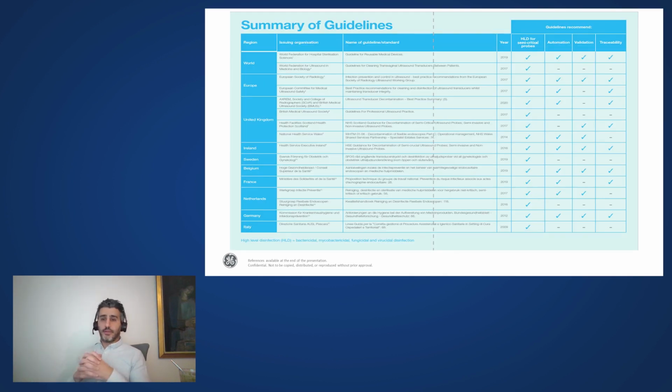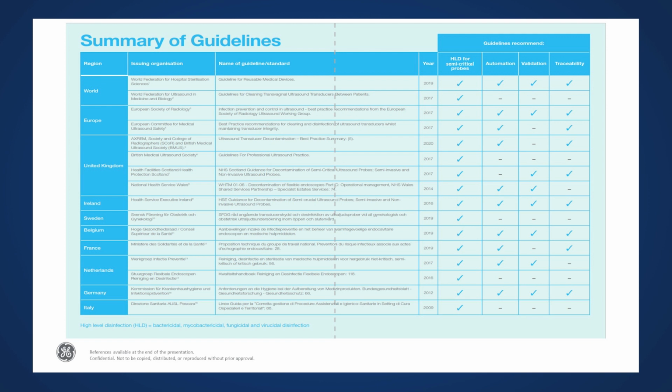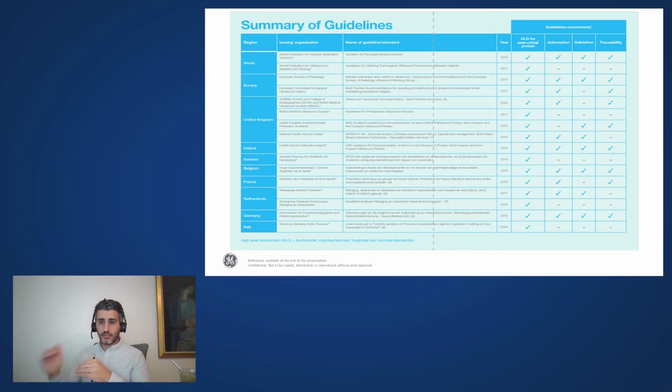Around the world, you will find several recommendations and guidelines where high-level disinfection is recommended for semi-critical probes, as well as automation. It's good to have automated systems, and it will make sure that all the error variations associated with the operators would be reduced here. And then you have validation.